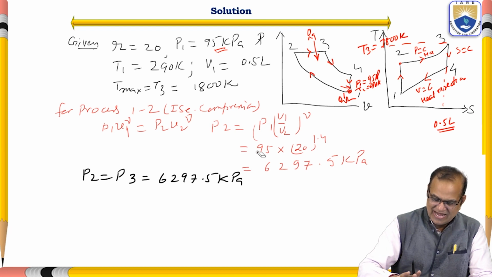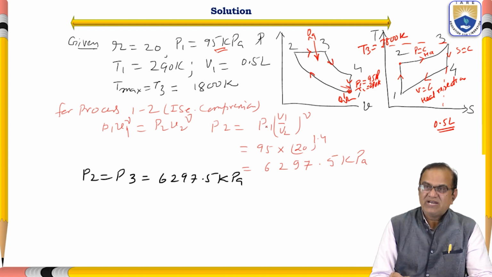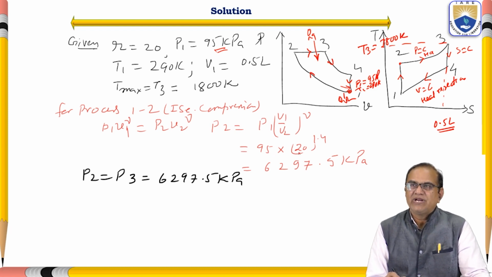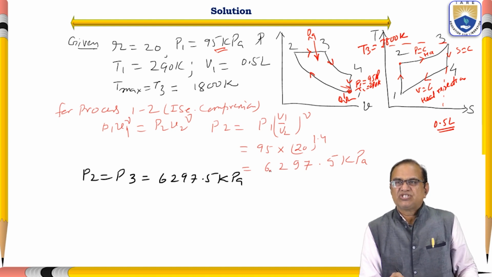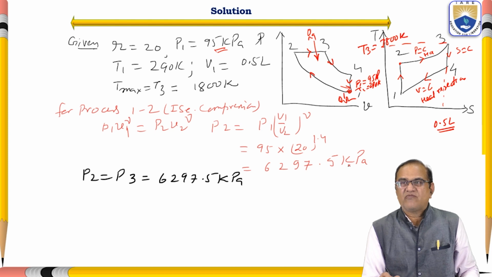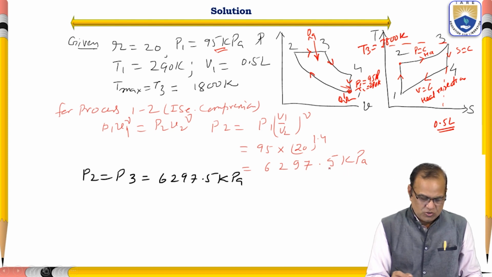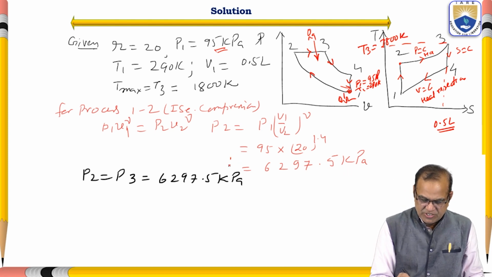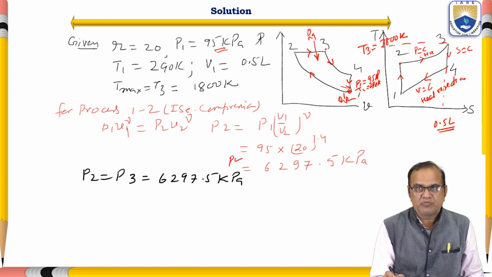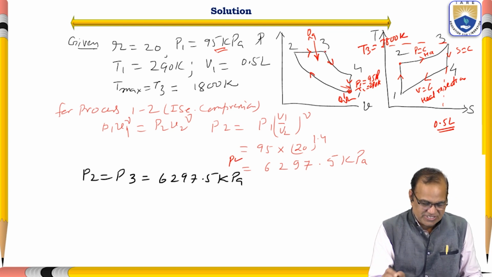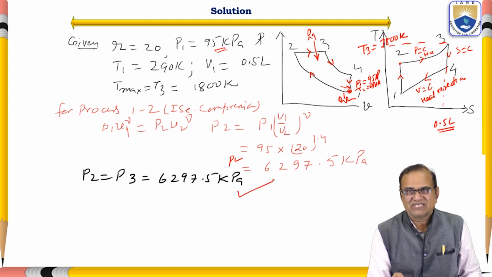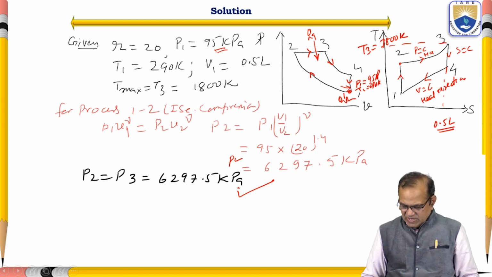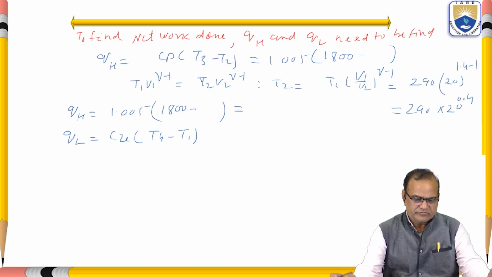So we can write P2 is equal to 95 into 20 to the power 1.4. So we will get 6297.5 kilopascal. So we got P2, but P2 is equal to P3 because it is a constant pressure process. So both will be 6297.5 kilopascal. So we got P2 and P3.